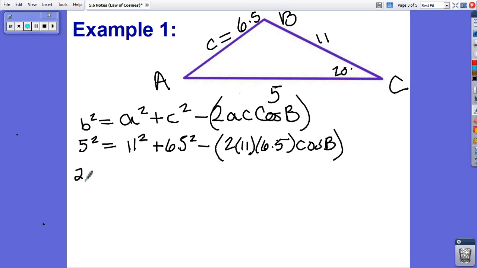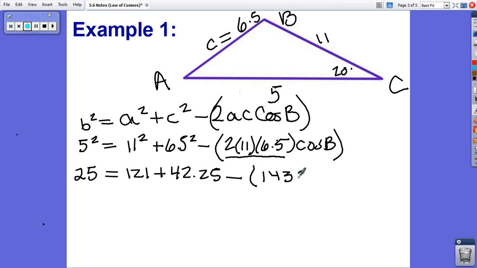So you could simplify all of this stuff. I'm going to get 25 is equal to 121 plus 42.25 minus, and in parentheses, if I multiply this stuff together here, I would get 143 times the cosine of b.